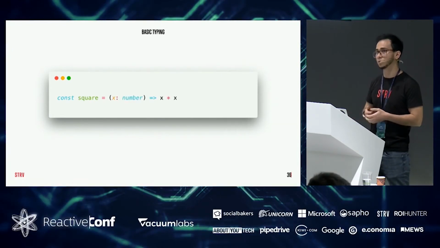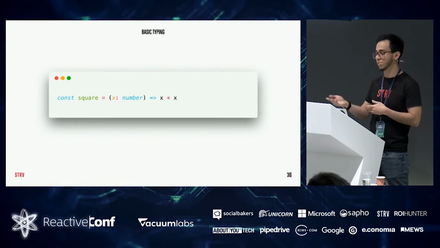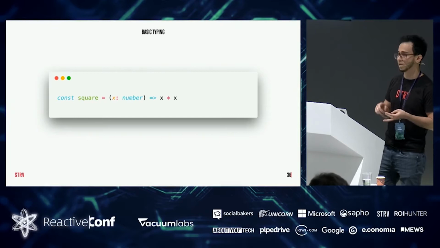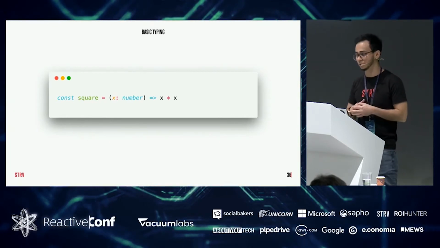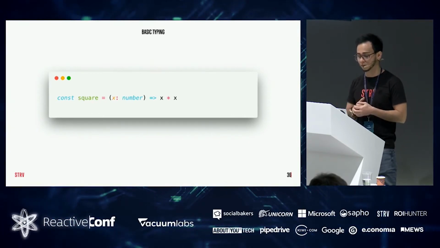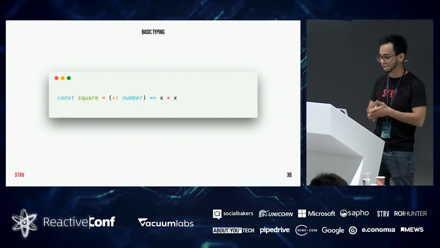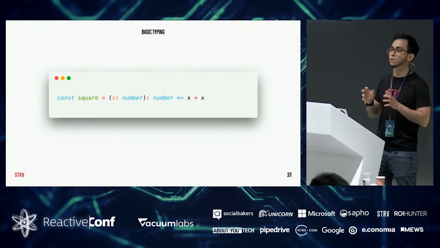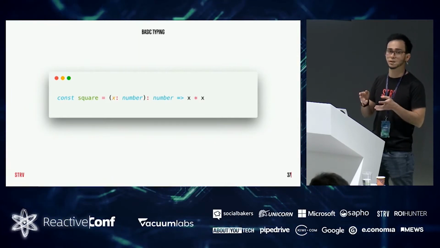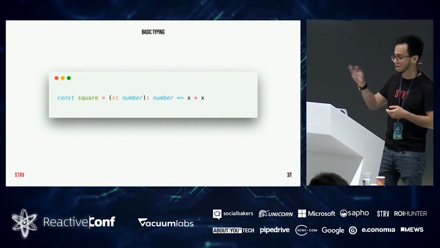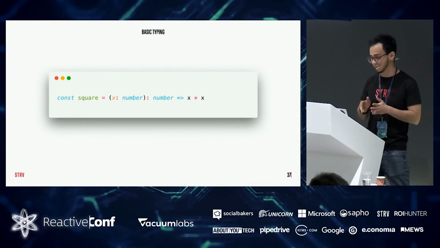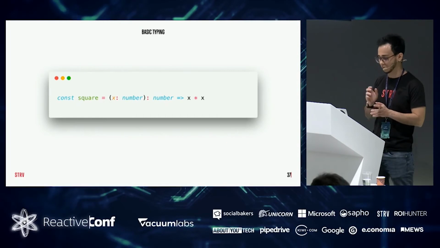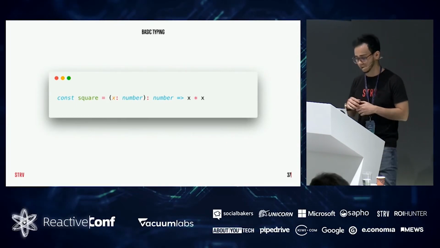To do it, we just put a colon and then the type that we want. These types could be strings, arrays, objects, whatever you think of as any basic or primitive type in JavaScript, you will put it here. And then for the return type, the only thing we do is, after the parentheses of the function, we just put a colon and the type.